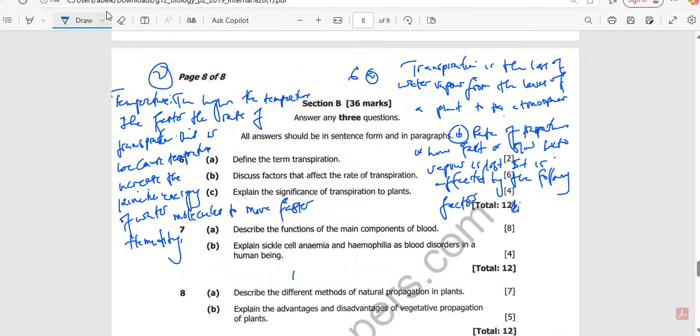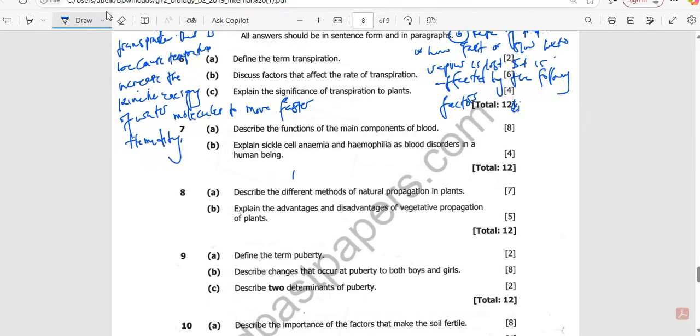Humidity is the amount of water vapor in the atmosphere.